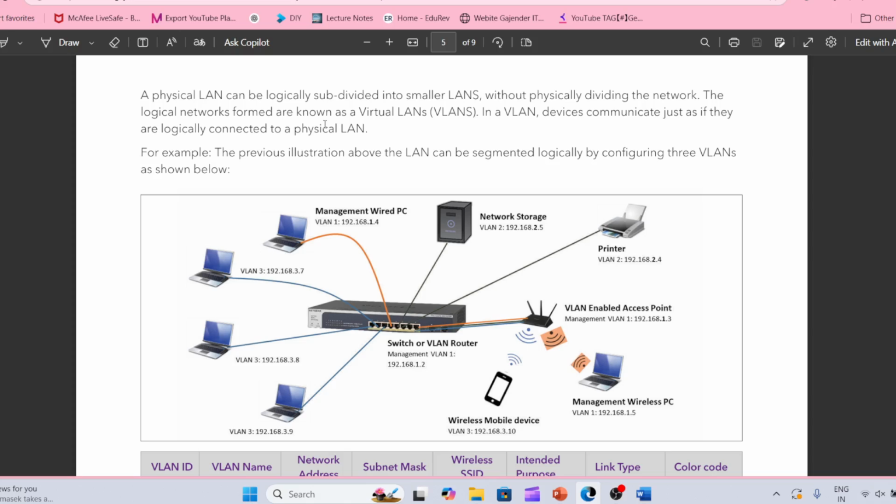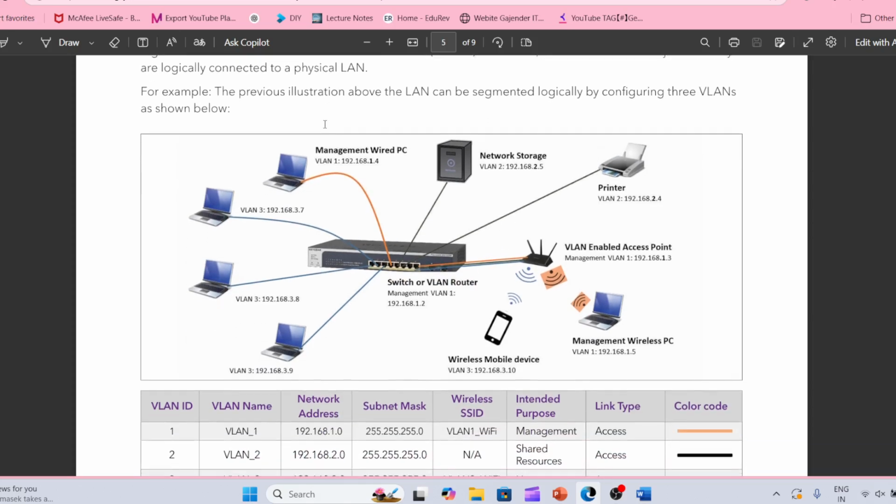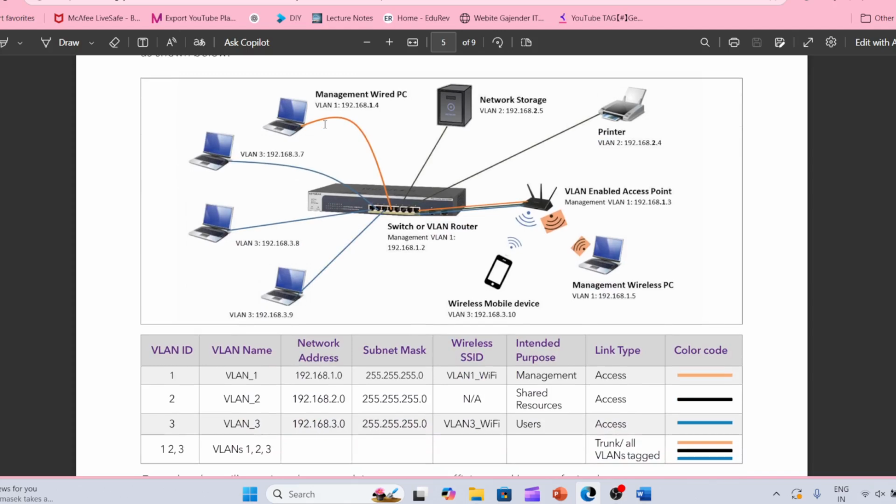Here we have introduced three VLANs. From this switch we have connected to this router, which is also known as an access point. From this router we can connect our mobile and laptop, so we can say this is a separate VLAN.